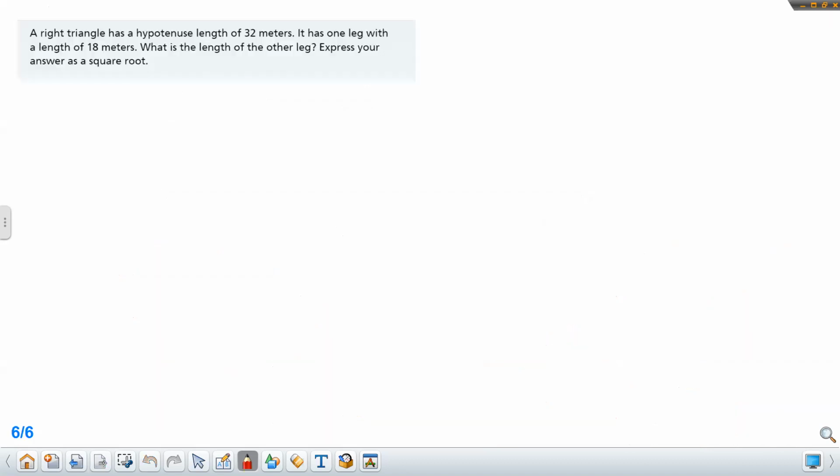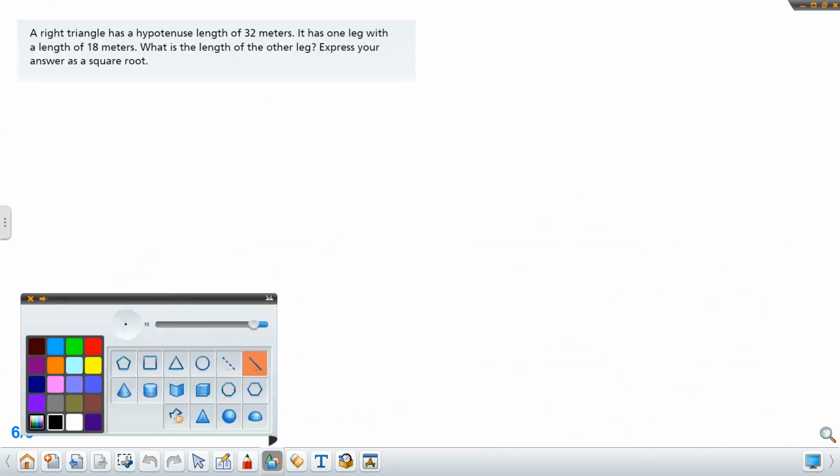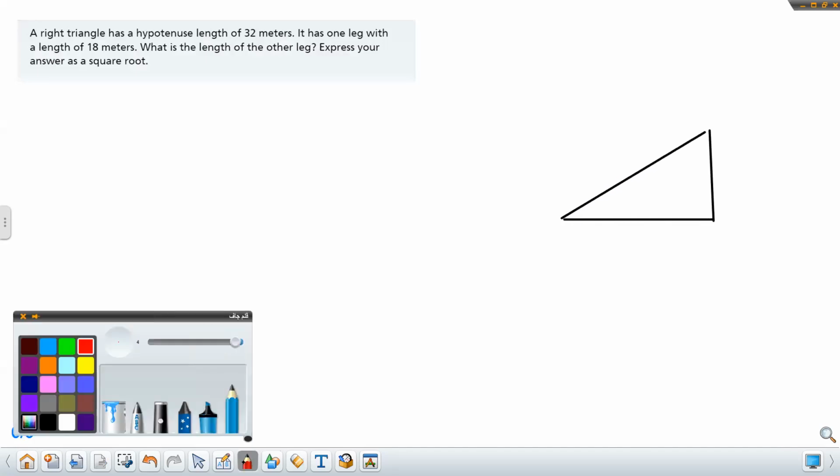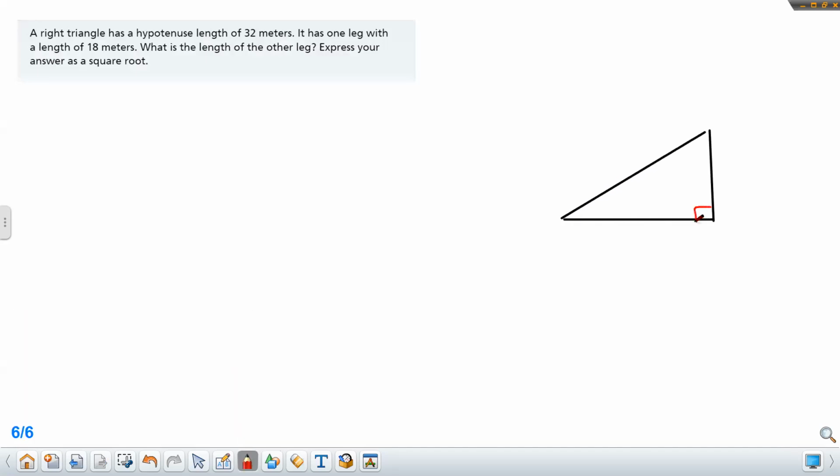The next one. A right triangle has a hypotenuse of length 32 meters. For example, we can draw a right angle triangle like this. The hypotenuse is 32 meters, which is opposite to the right angle.